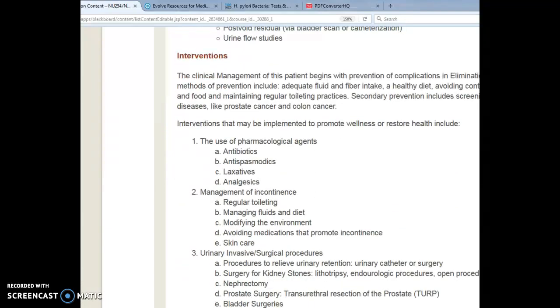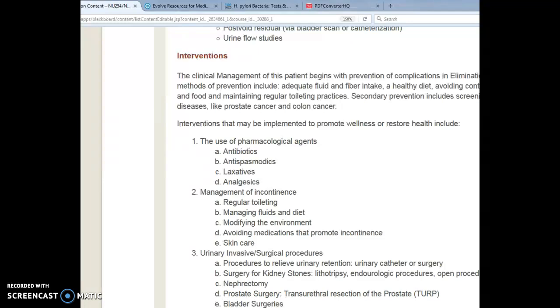All right, so intervention wise, what are we doing? So if we're following the ADPIE or the nursing process, what are we doing? We've been able to assess our patient. So we got some subjective and objective data about our patient. Subjective wise, they've told us about their diet. They told us about maybe going on a trip to Mexico and they ate from the food bar and the salad bar, and all of a sudden they started having some issues.